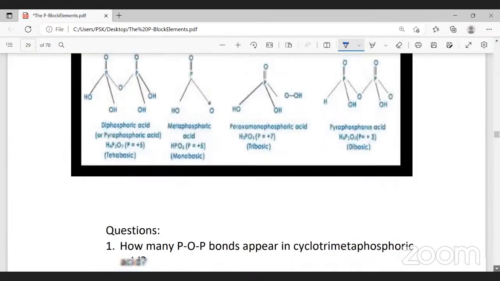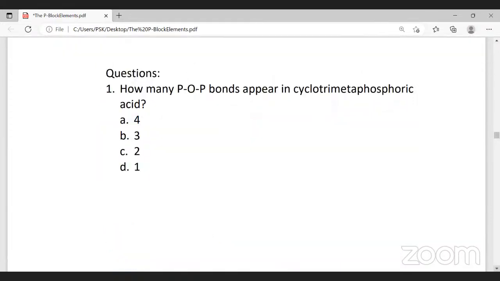How many P-O-P bonds appear in cyclotrimetaphosphoric acid? Cyclotrimetaphosphoric acid has the structure like this. And here also we have the structure like this.